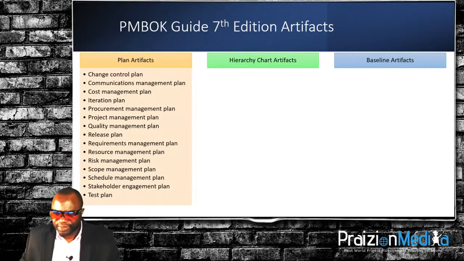All that stuff is in your risk management plan. And then we have the scope management plan, how you'll manage scope, the schedule management plan, how you're going to manage the schedule, which tools you will use, and so on and so forth.